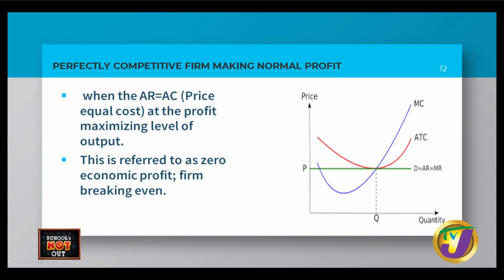It will act as an incentive for others to enter into the market, and they will enter until they compete away the profit until all the firms are only making normal profit. So for this diagram, you notice that your average cost curve is sitting tangent to your price line. So there is no excess profit being earned at this point. This will happen in the long run.